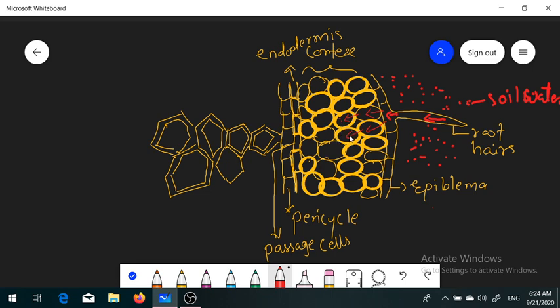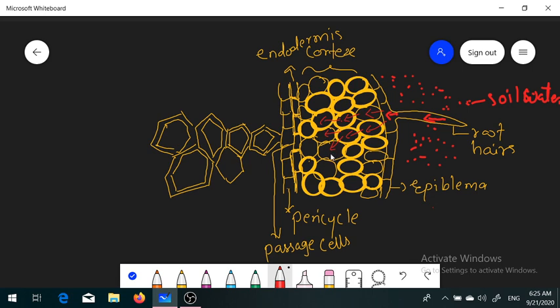Therefore they have low osmotic pressure, low DPD and low suction pressure. So the water again moves towards the next cell. Again a similar phenomenon: the adjacent cell has low osmotic pressure because it absorbs the water, therefore turgor pressure is more.